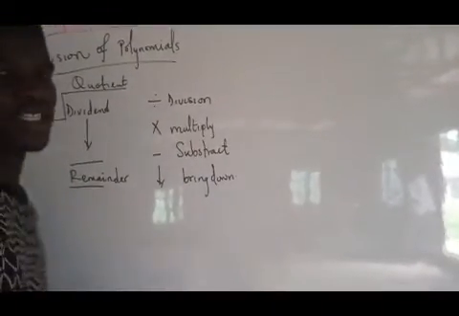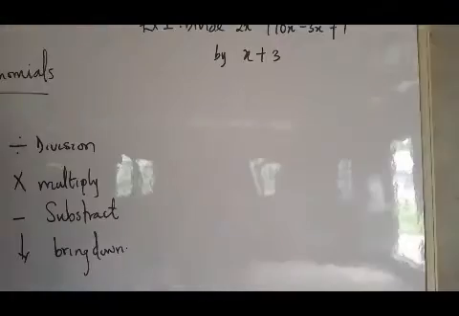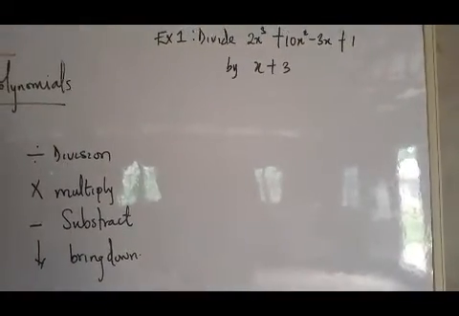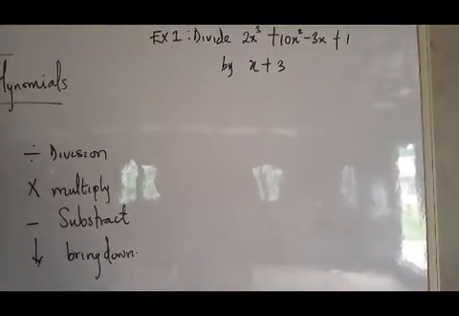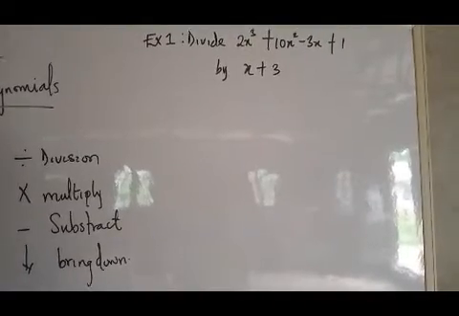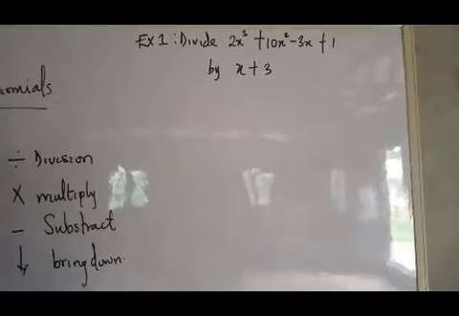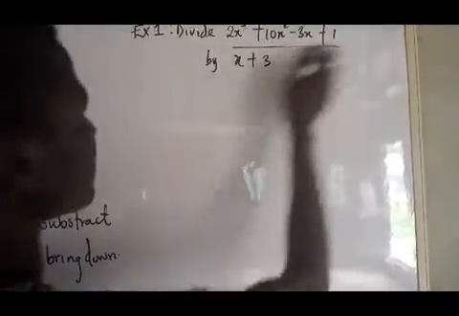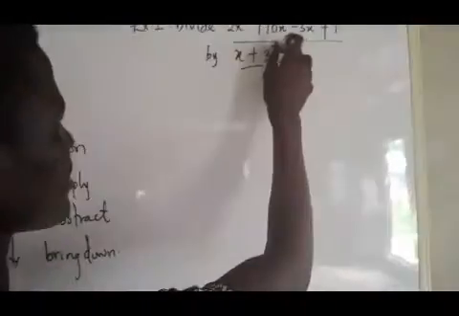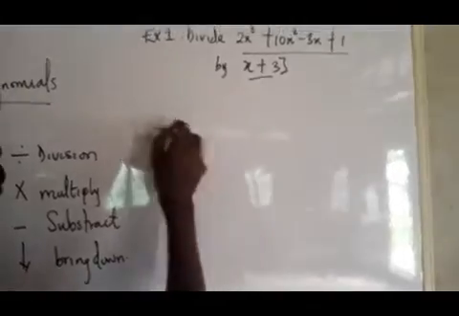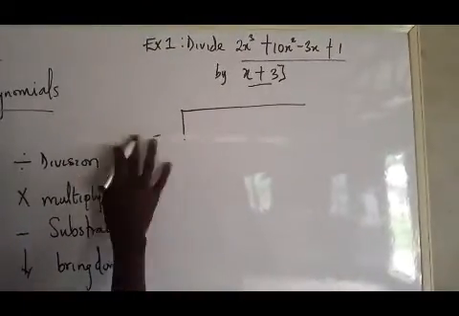All right. So let's see the first example. So we have our example one here. We want to divide 2x cubed plus 10x squared minus 3x plus 1 by x plus 3. So this is our dividend, this is our divisor. All right. So the first thing you do is to have it this way.